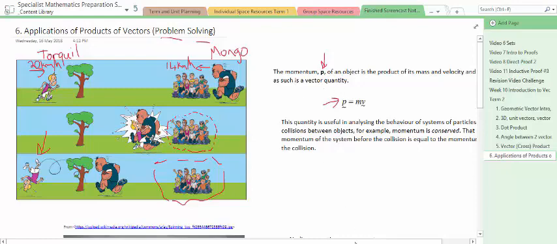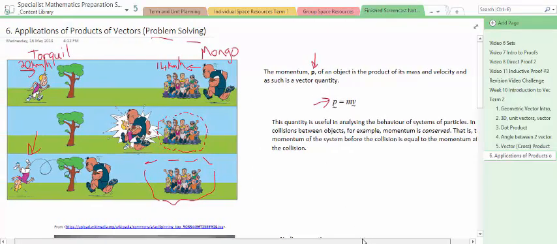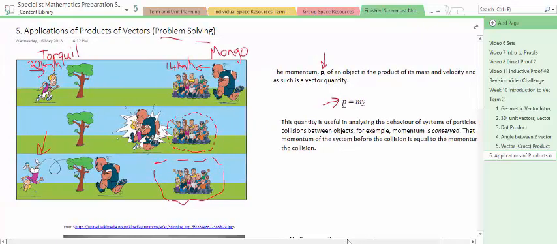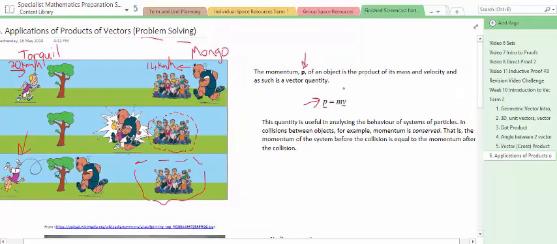The product of m, mass, and v, velocity, gives the body or particle its momentum. Mass is a scalar and velocity is a vector quantity, and that's an example of a scalar multiplication of a vector giving another vector. We've seen that mathematics before.